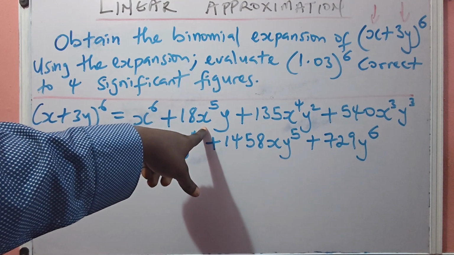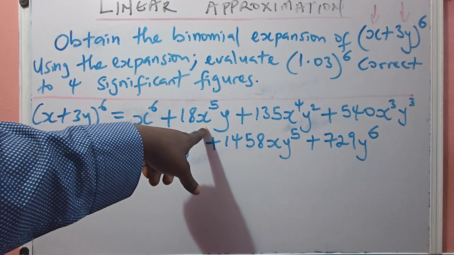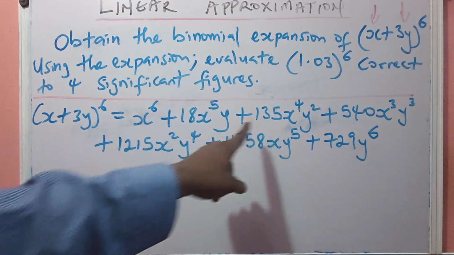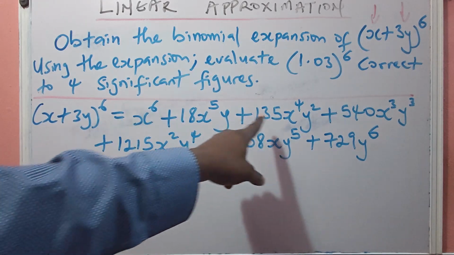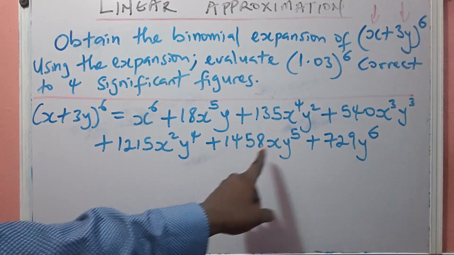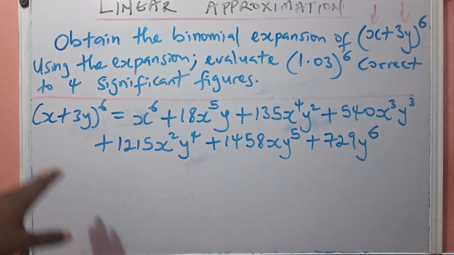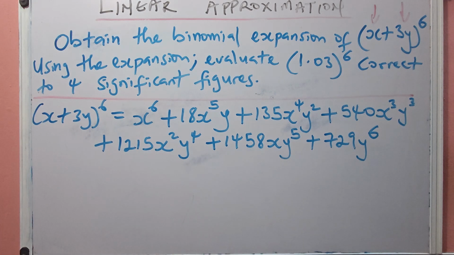When k was 1, we got this expression, 18x raised to the power 5y. When k was 2, we got this. So this is 0, 1, 2, 3, 4, 5. This was when k was equal to 6. All right. So this is what you're going to get for the expansion.